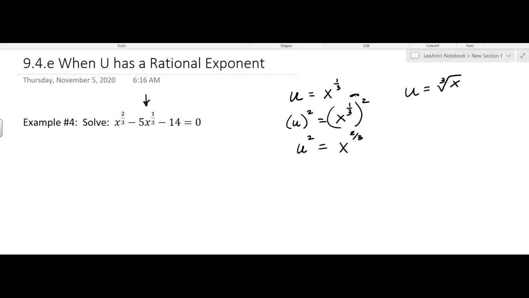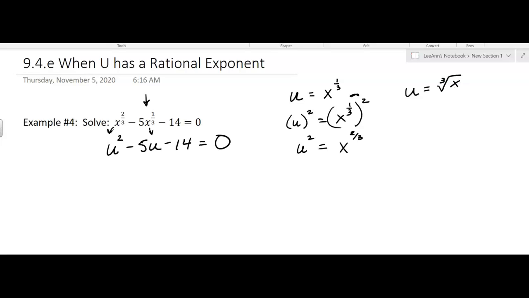That's great because I need something for the x to the 2/3 anyway. So now I'm going to have u squared minus 5u minus 14 equals 0. Here, x to the 1/3 is being replaced with u, and x to the 2/3 is being replaced with u squared.